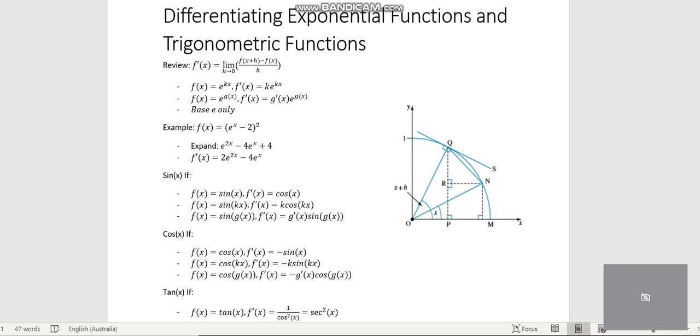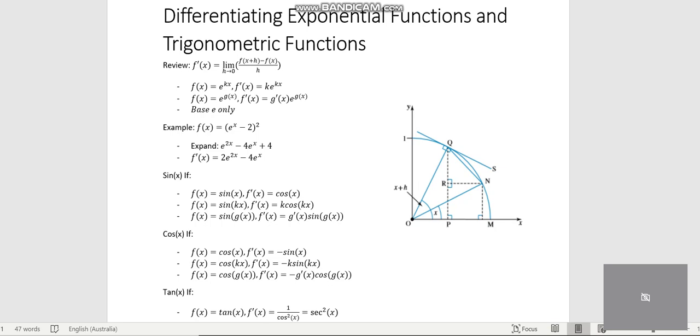And then cos is a very similar thing. The derivative of cos of x is negative sine of x. If you take the turning points of cos of x and sketch the gradient function, the gradient function would have x-intercepts where the turning points are.